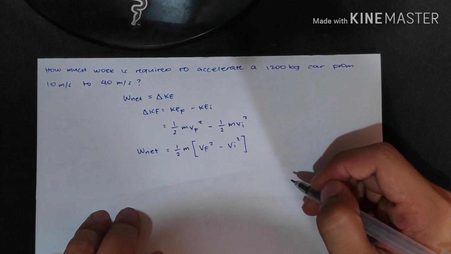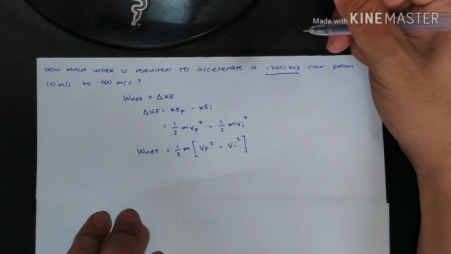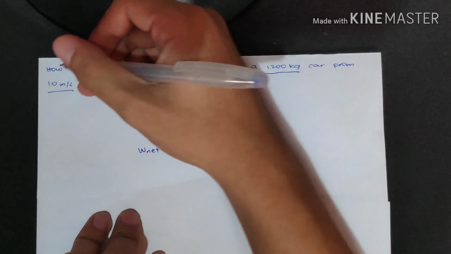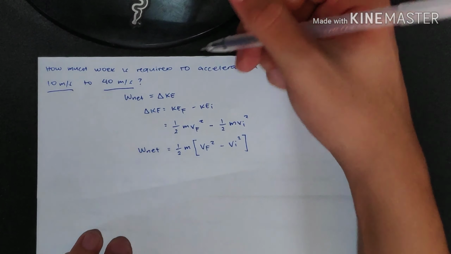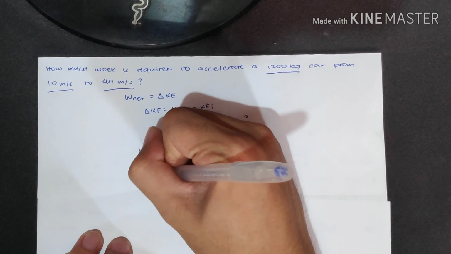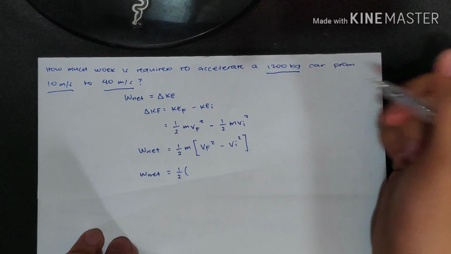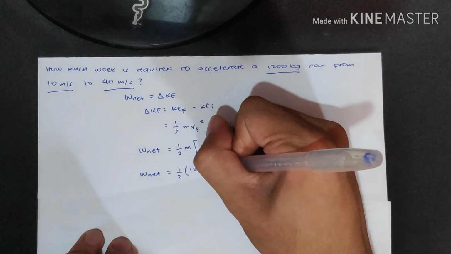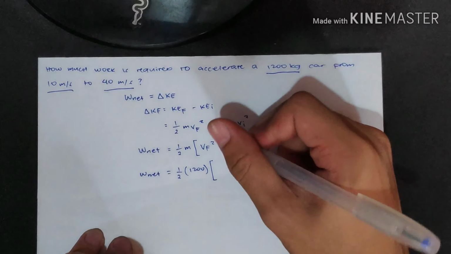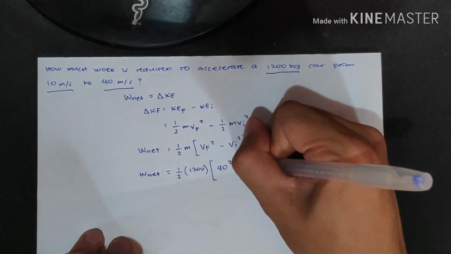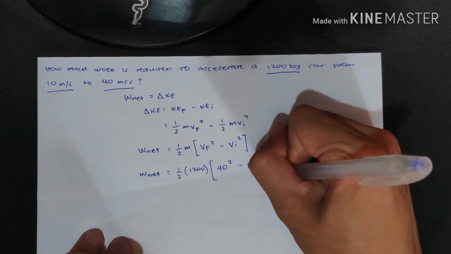Now, we just have to plug in the given mass, which is 1,200 kilograms, and the initial velocity and final velocity. So net work is equal to 1/2 mass, which is 1,200, times the final velocity, which is 40 squared, minus the initial velocity, which is 10 squared.